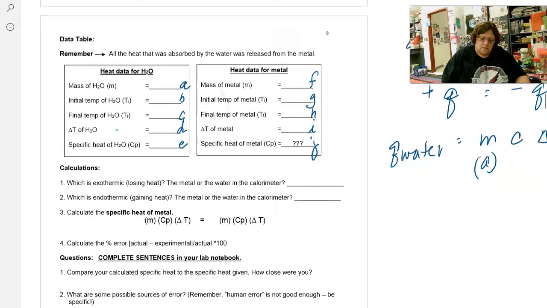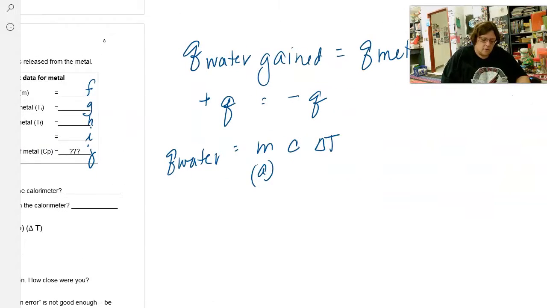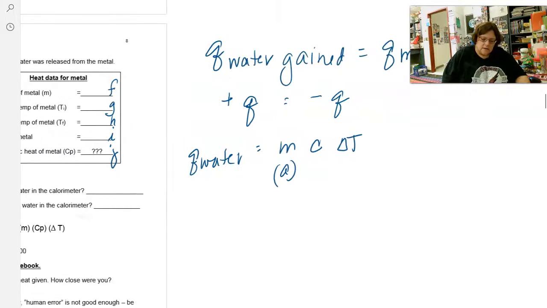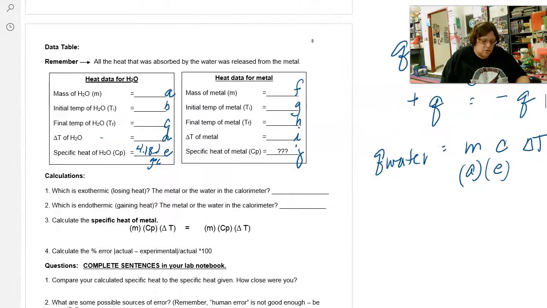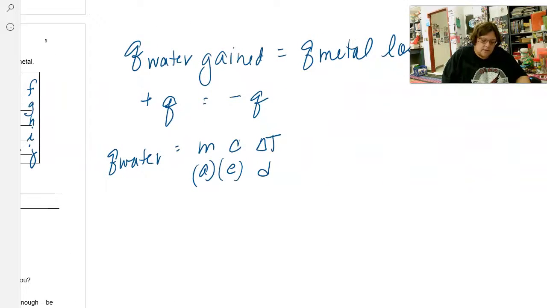The specific heat of water is 4.18 joules over grams degrees Celsius. That's in line A. And then our temperature change is line D, and it's going to be positive because the temperature increased, or we added energy in.